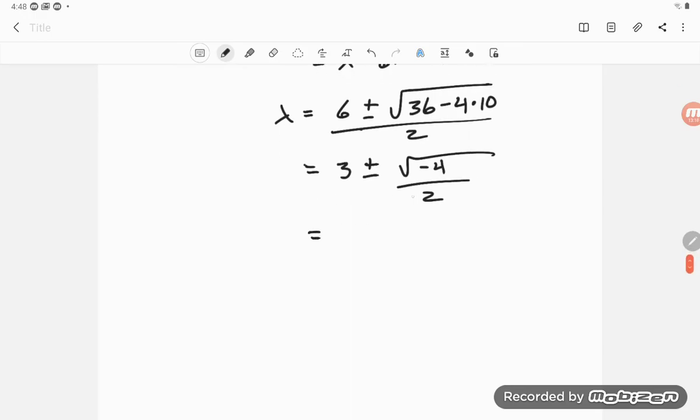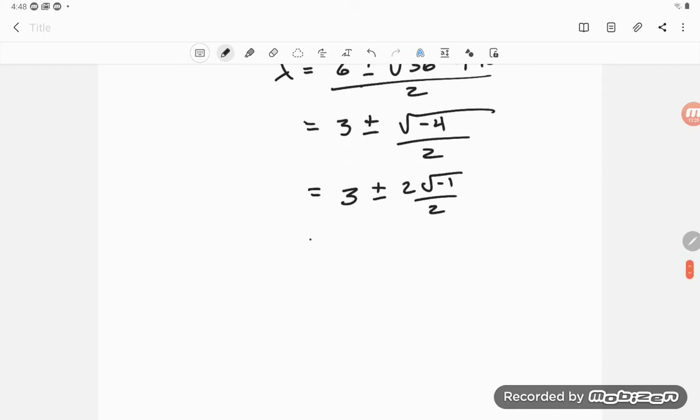Well, I can pull the 4 out of the square root. So I get 3 plus or minus 2 times the square root of negative 1 divided by 2. And so my eigenvalues are lambda 1 equal 3 minus i, and lambda 2 equal 3 plus i.